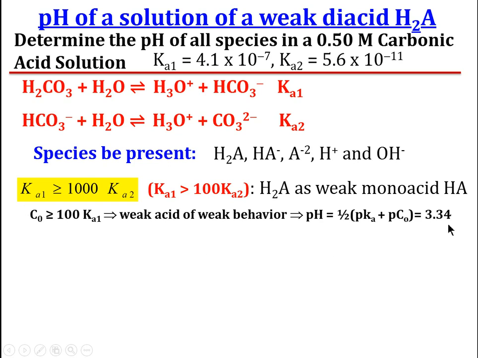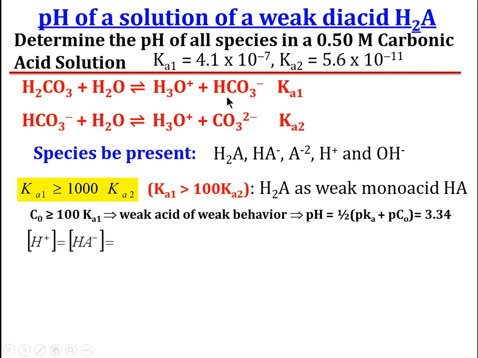And in this case, pH equal half pKa1 plus pC0. So you calculated the pH equals 3.34.